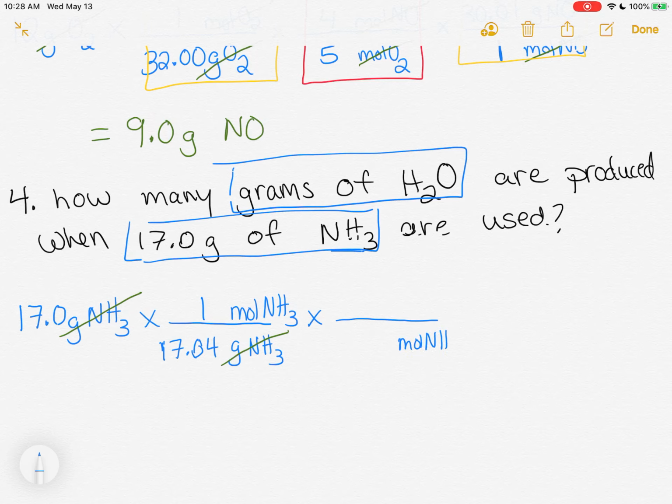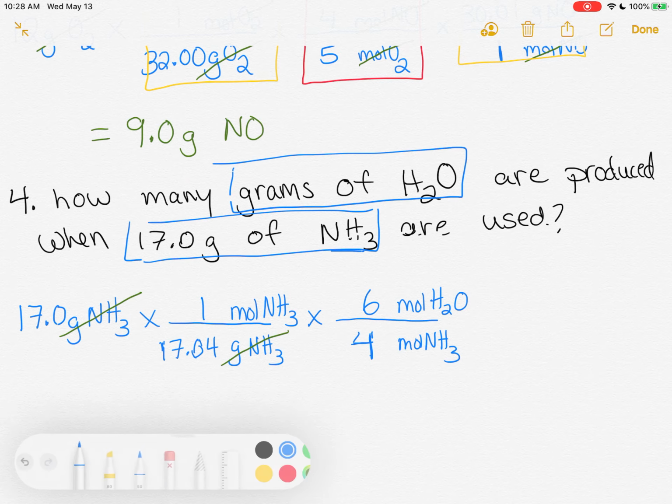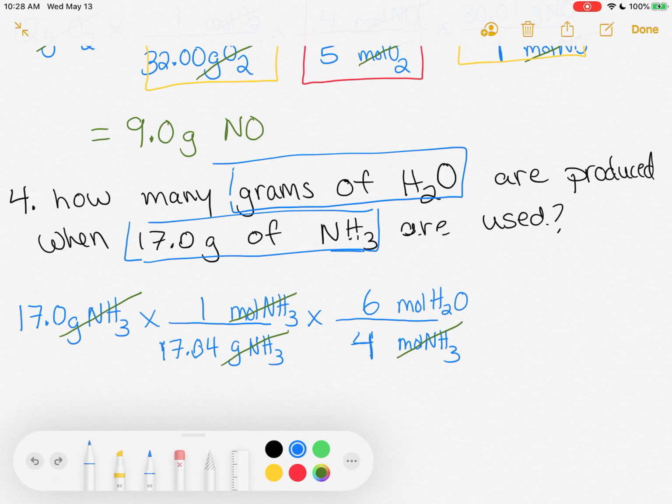Then we're going to have to use our mole ratio conversion factor. Our moles of ammonia are going to go on the bottom. Moles of water are going to go on the top. And the ratio is 6 waters for every 4 ammonias. Okay, that's going to allow us to cancel out our moles of ammonia.